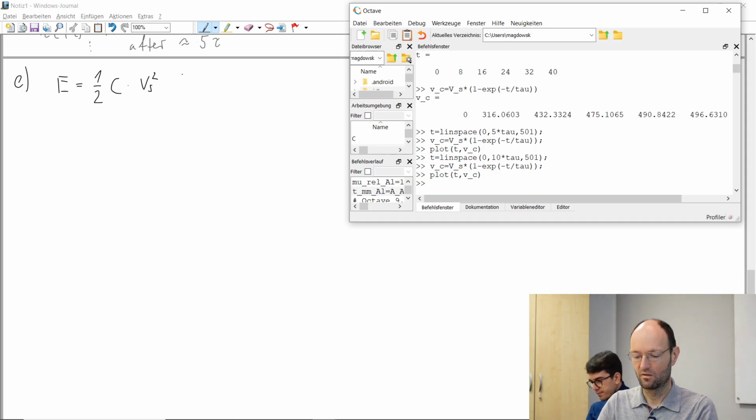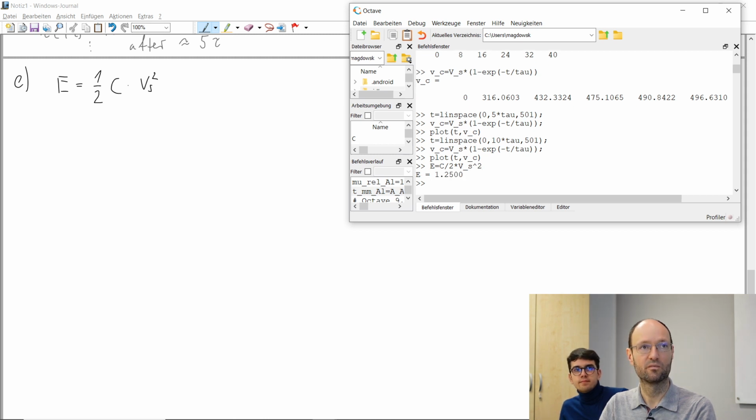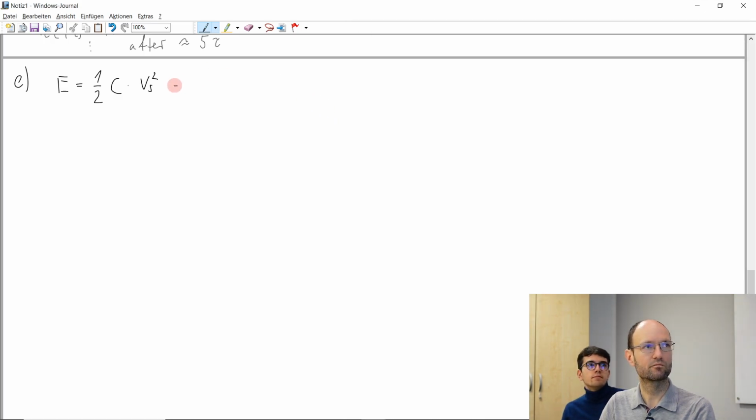So energy is C divided by 2 multiplied with the source voltage squared, and then we get some 1.25 Joule. Yeah, and this is already quite a lot because we have this rather high voltage, let's say.